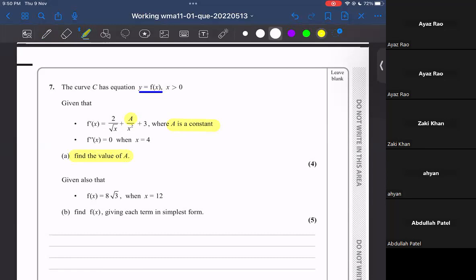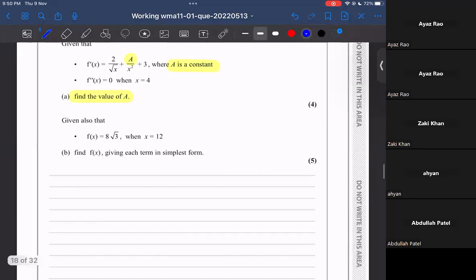तो देखो बेटा, मैंने क्या करा, since they have given us the second derivative, मैंने फर्स्ट डेरिवेटिव को पिक करा जिसमें a आ रहा था, and a is again a constant, not a variable. तो मैंने लिखा 2x पावर -1/2, ax पावर -2 + 3.